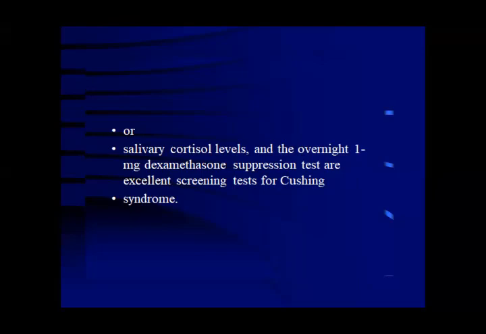If it does not suppress, the pituitary is not functioning properly. So this suppression test is used to differentiate between the primary and secondary cause. Got my point?